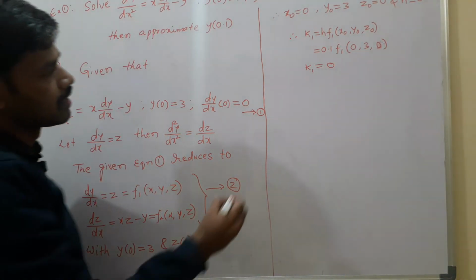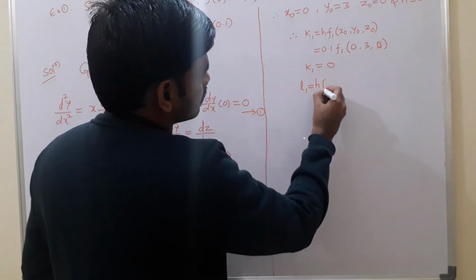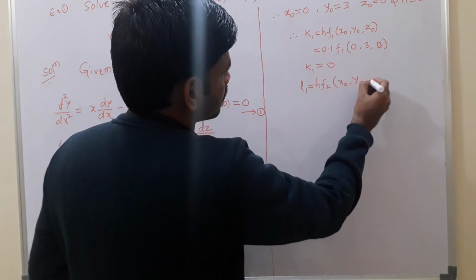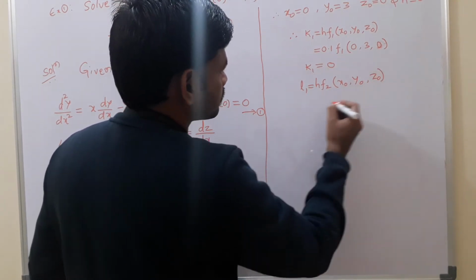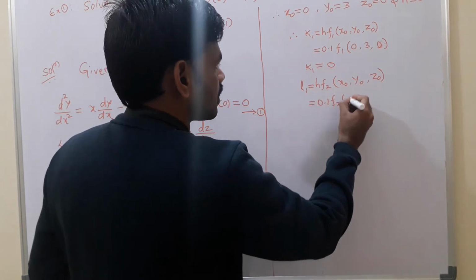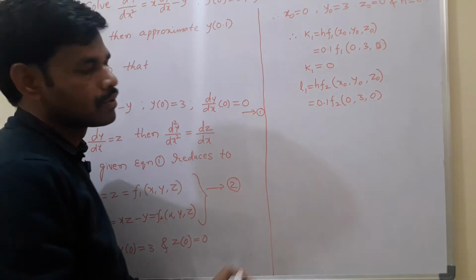Okay, and L1 equals h into f2 of x naught, y naught, z naught, that is 0.1 f2, where x naught is 0, y naught is 3 and z naught is 0.